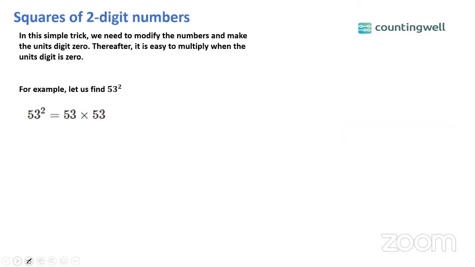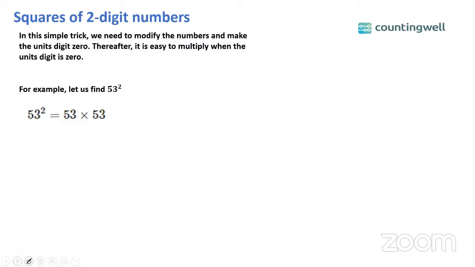Let us see how to find squares of two-digit numbers. In this simple trick, we need to modify the numbers and make the units digit 0. Thereafter, it is much easier to multiply when the units digit is 0. For example, if you have to find the square of 53, you know that 53 square can be written as 53 into 53.